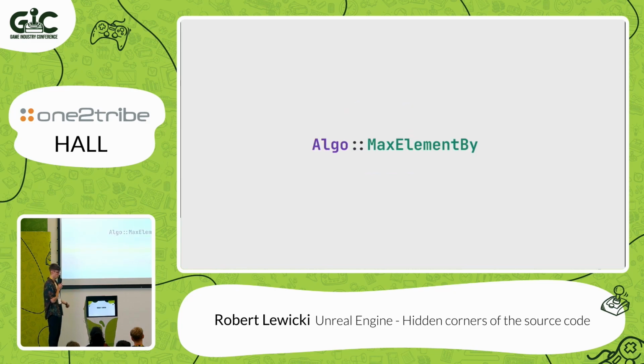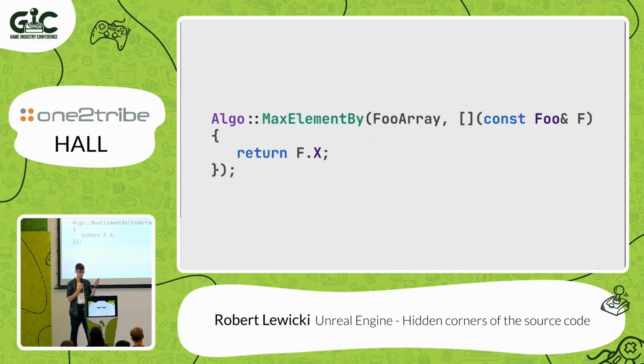We could just use max element by, which not only takes the array as a parameter, but also takes a projection, which is a lambda that specifies which property you want to use to find the greatest element. So in this case, we specify we want to use an x property, and it will return the foo that has the greatest x property.